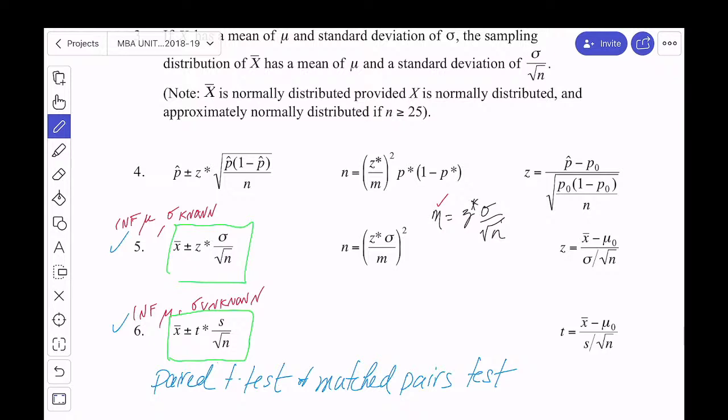So I set that. And I also set the confidence level that I want. Then nature just gives me the sigma. God tells me what it is. And so let's say I know it. Then I can solve for n. So isolating for n means that m would come down here and root of n would go here.